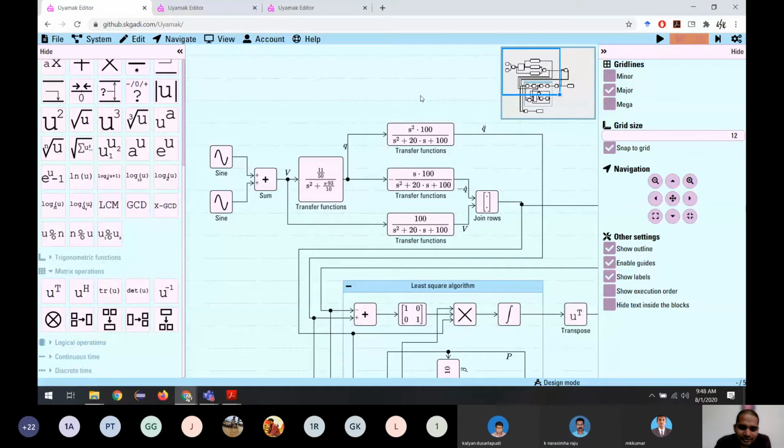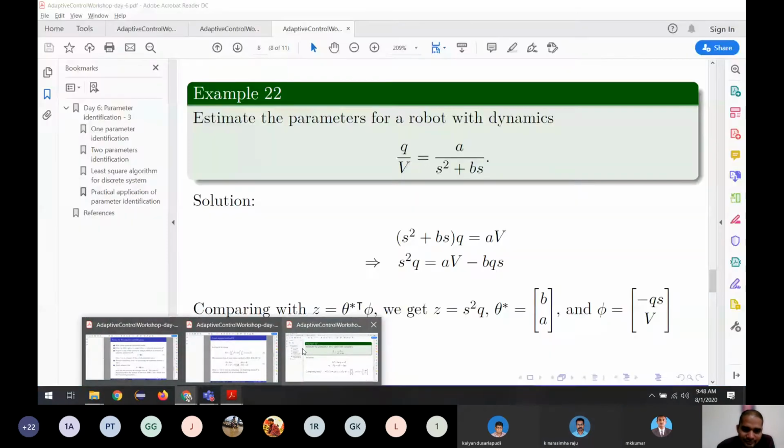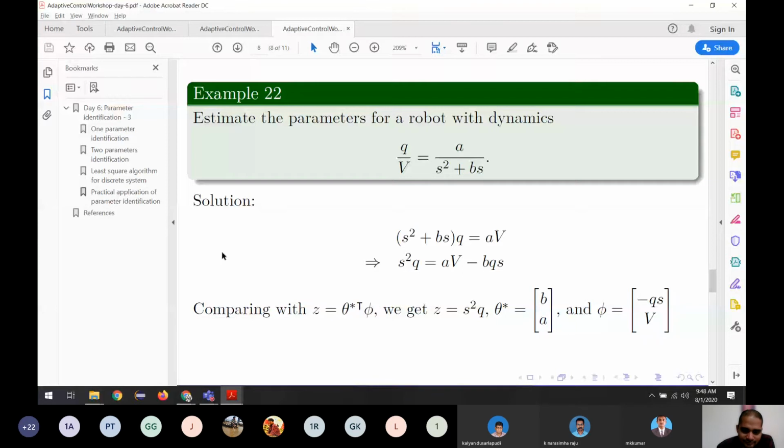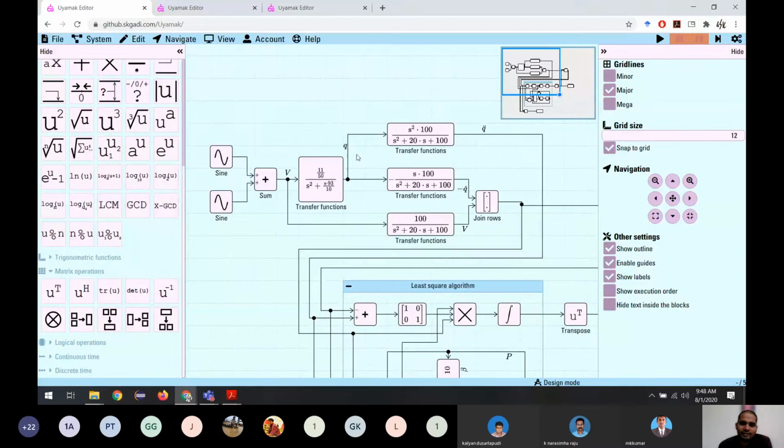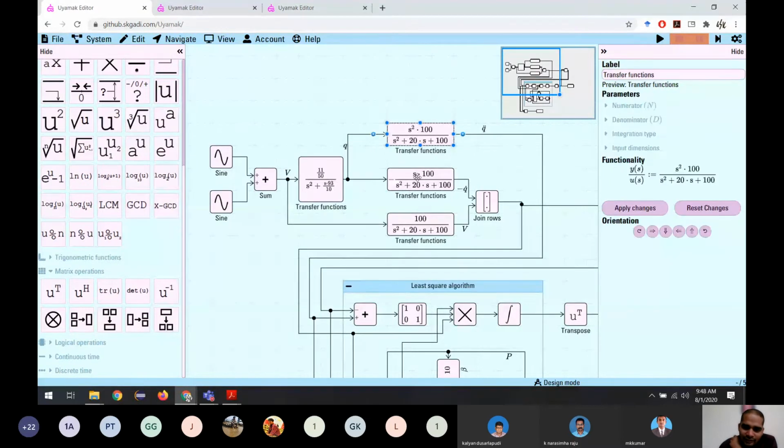If you have any doubts, please ask me, or else we can go to the last example. And also, it doesn't mean that you are filtering this inside the computer. Sometimes we use a capacitor and resistance to attenuate the signal noise. Those can be modeled as a low pass filter.